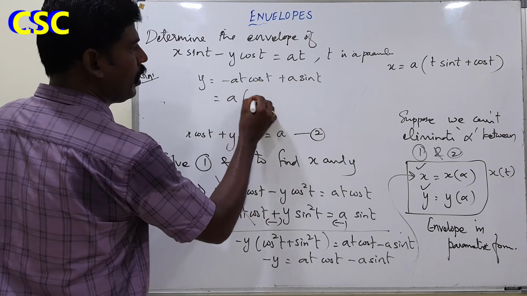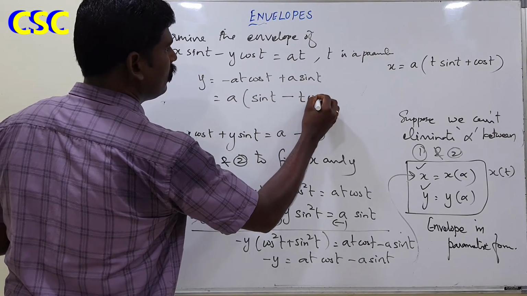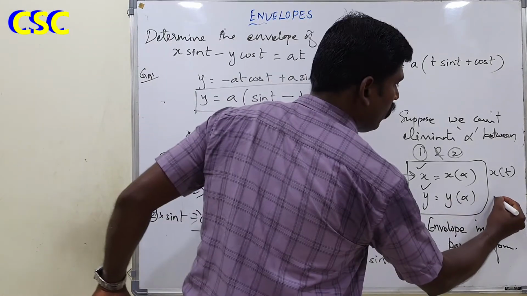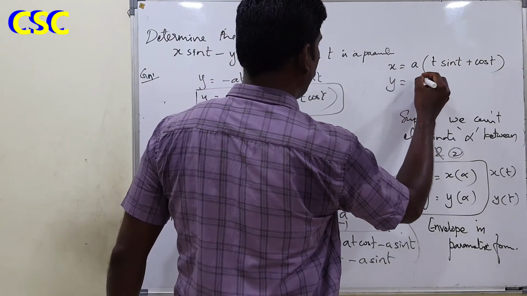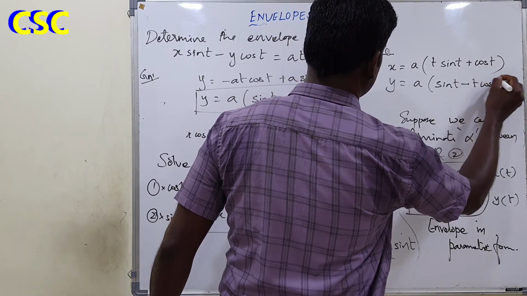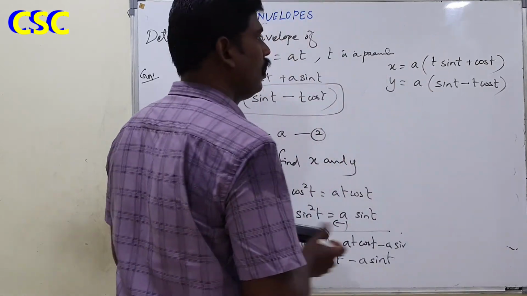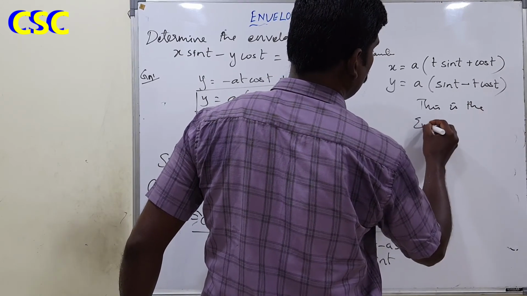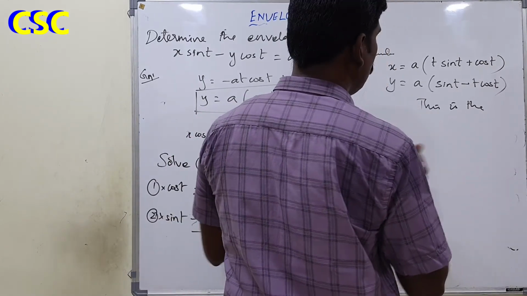We can take a as common, writing the positive term first and the negative term second. This is the value of y in terms of t. So y equals a into sin t minus t cos t. That's all. This is the parametric form.